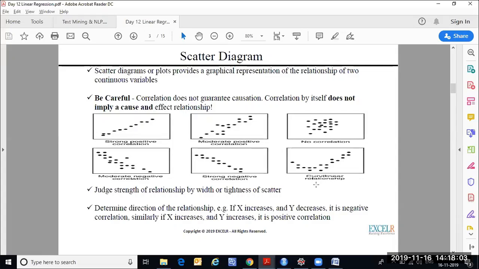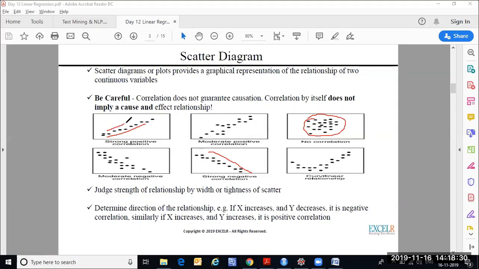So the scatter plot tells us three things. One is the direction of the data: is it positive or negative, or is there no relationship. The scatter plot talks about the relationship, its direction and its strength.